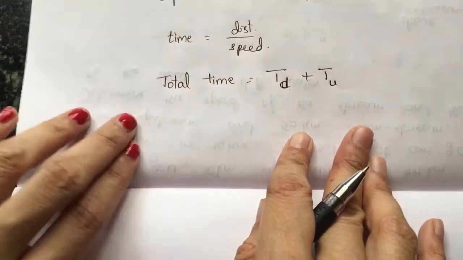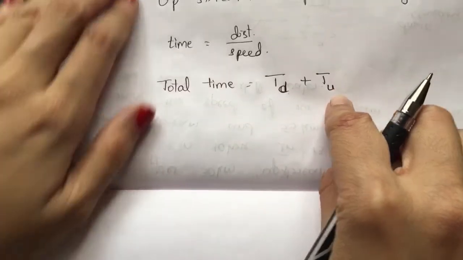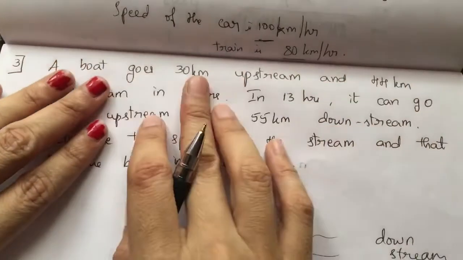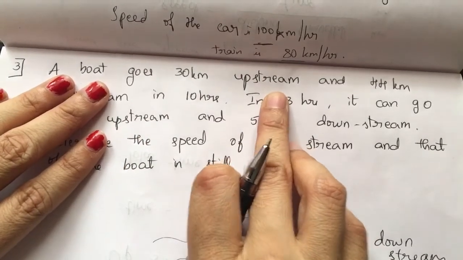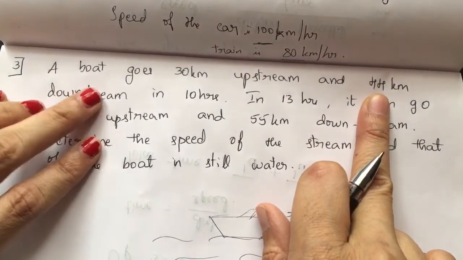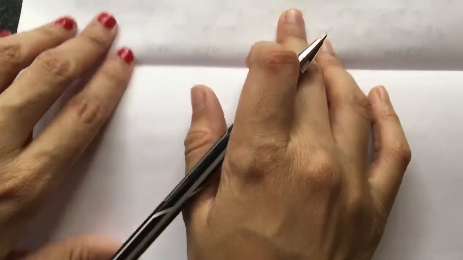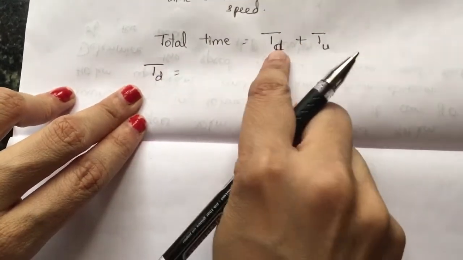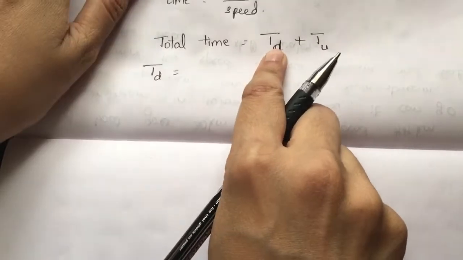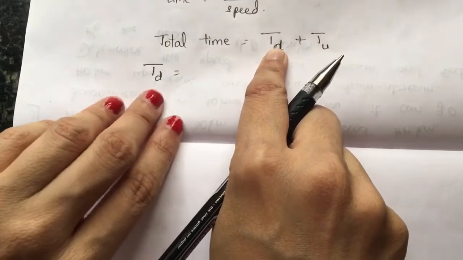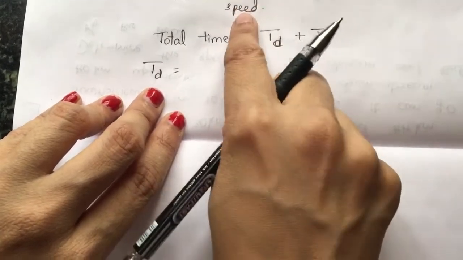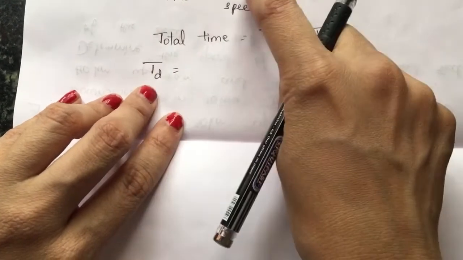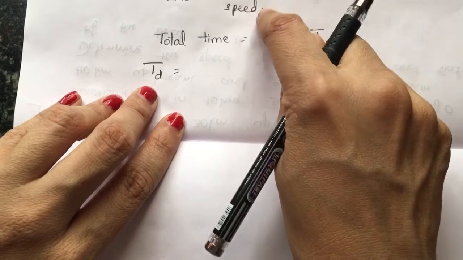Now, what is the time taken in upstream and the time taken in downstream? It's mentioned 30 kilometers upstream and 44 kilometers downstream. So downstream time taken is 44 kilometers, right? Divided by speed. They have mentioned the distance. Time is always nothing but distance by speed.